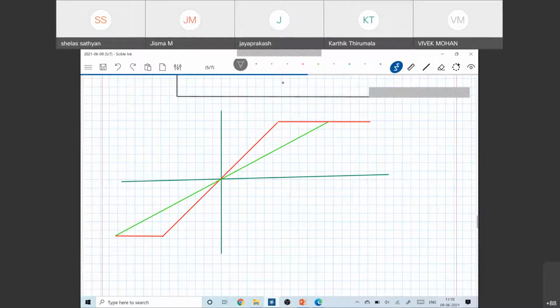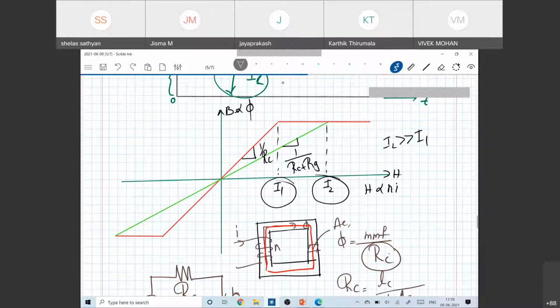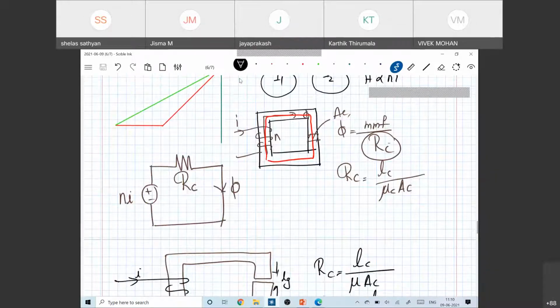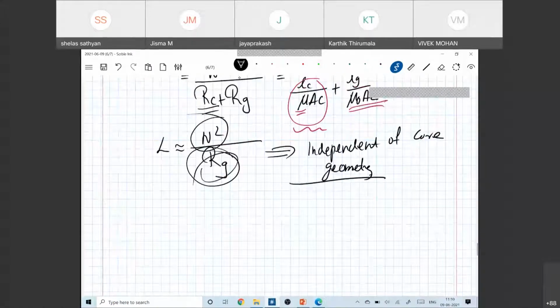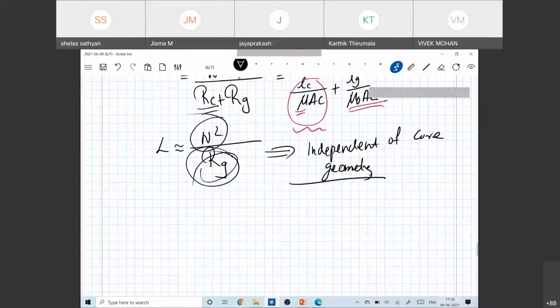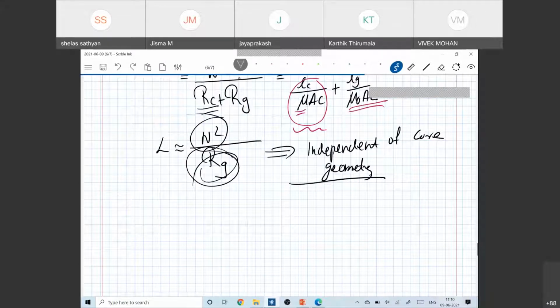Second, the complete system becomes almost independent of the geometry of the core and the material we are using. Inductance depends only on the length of the air gap. These are the two advantages we are getting, but there is a big disadvantage: once you introduce the air gap, the inductance rapidly reduces because the air gap reluctance is quite high.